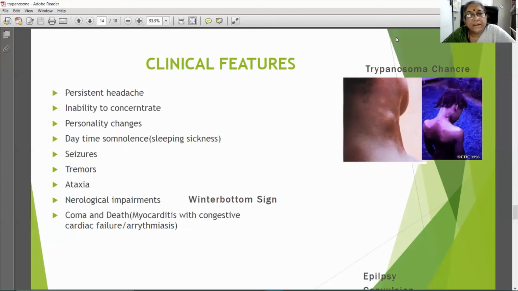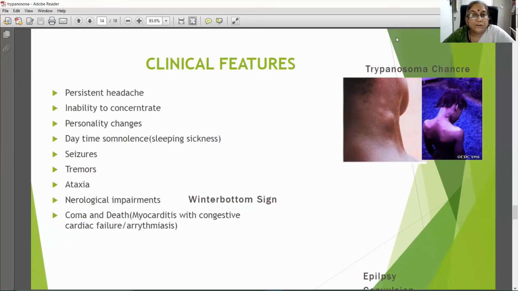So even in the daytime, the person sleeps, developing sleeping sickness. With CNS involved, therefore seizures, tremors, ataxia, neurological impairment, that is seen by the Winterbottom sign. The person can develop coma, and death also can occur due to the sleeping sickness.